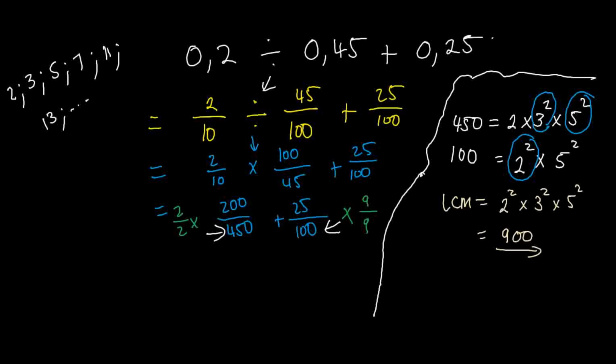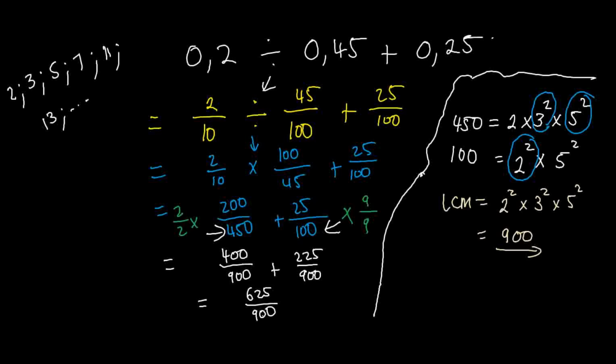Now this is quite a large fraction. So it's going to be equal to 2 times 200, which is 400 over 900, plus 9 times 25, which is 225 over 900. That's equal to 400 plus 225, which is 625 over 900, right?